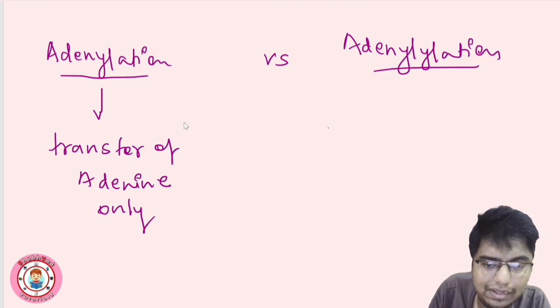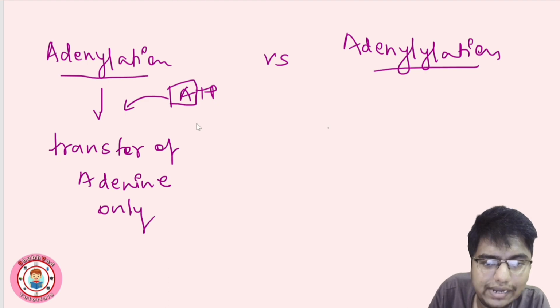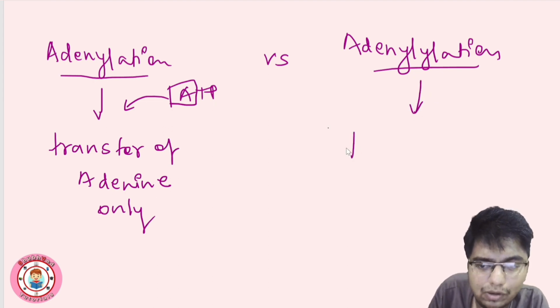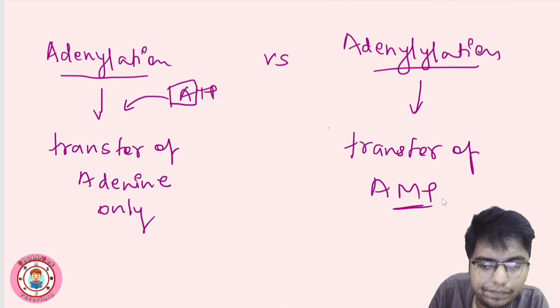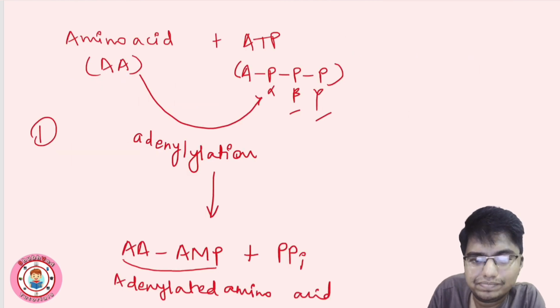Meaning from ATP only adenine will come, not phosphates, only adenine. That is adenylation. And adenylylation means what? That we saw just now: transfer of AMP. Got it? This is the difference between adenylation versus adenylylation. This is the first step, adenylylation.